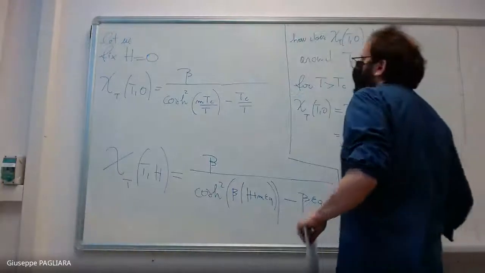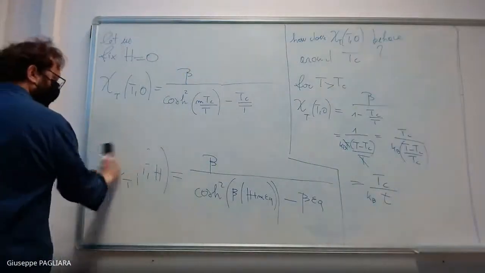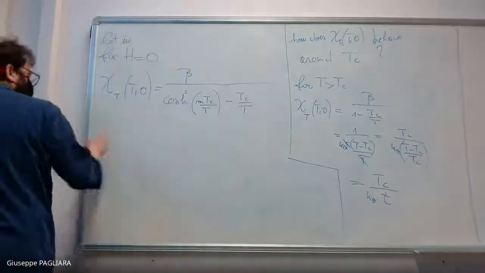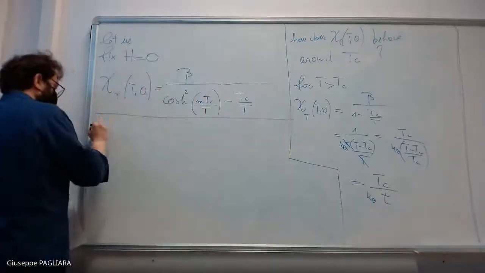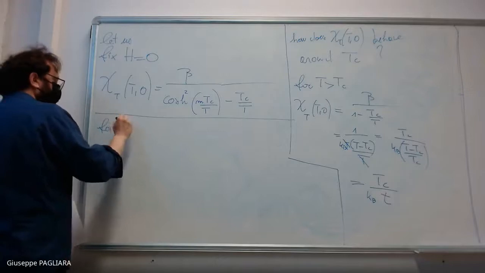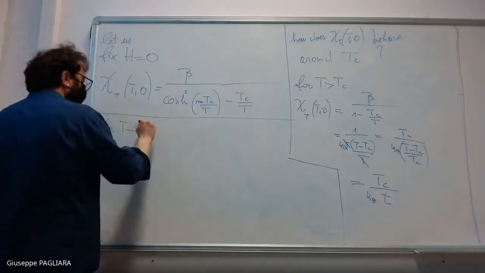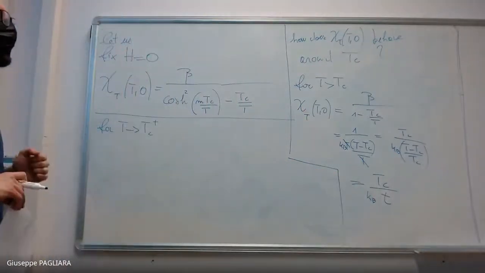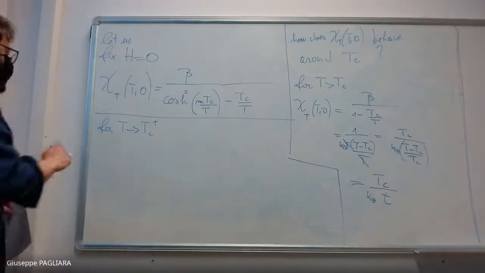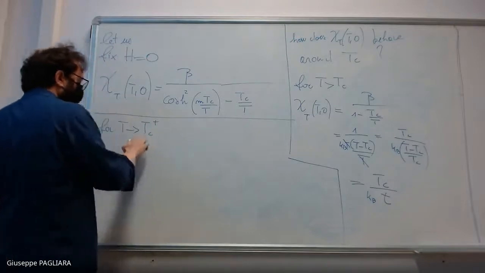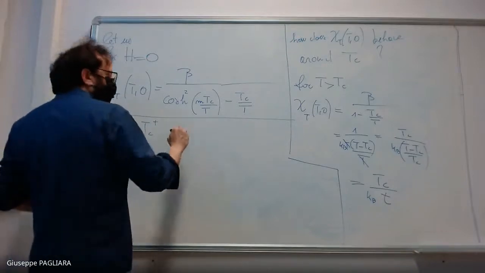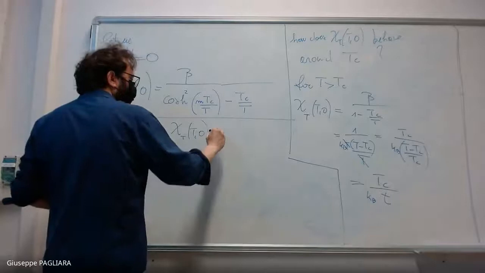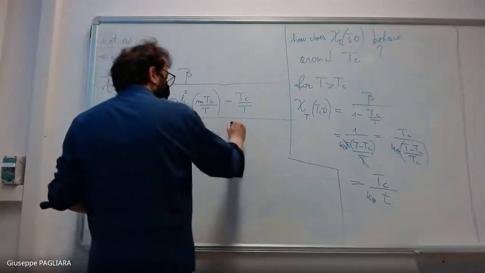So we have reduced, at least for T approaching Tc from above, actually this is correct also not close to Tc because we have not used an expansion, but in any case, for T larger than Tc, approaching Tc from above, we have the scaling of the chi_T of T, 0, which behaves as 1 over the absolute value of T minus Tc.